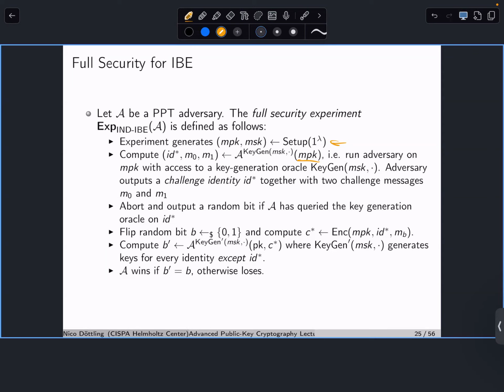Now we give the adversary this ciphertext C star, and again the public key, and we could have passed the state between these two phases of the adversary, but here it doesn't make a difference. He can just, for instance, make the same queries that he made before. But in general, you can think of this adversary as being stateful, right?